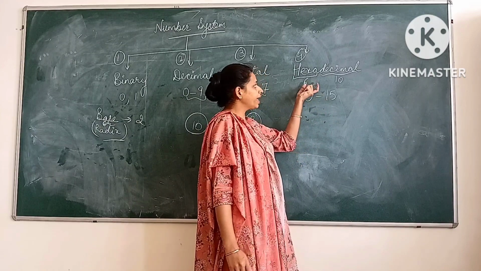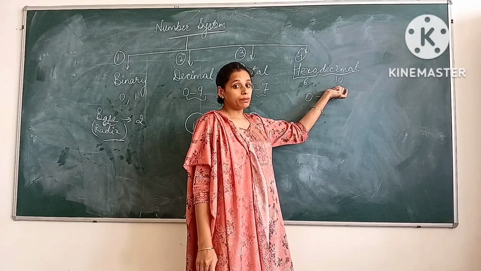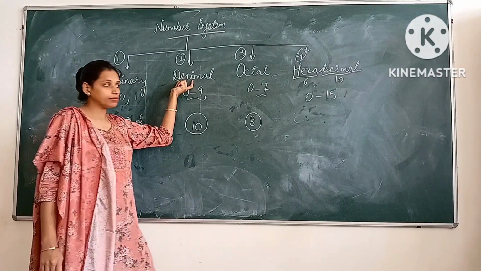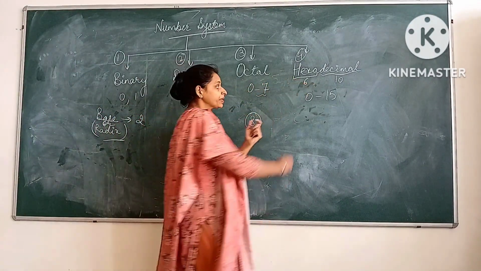As I have already told, hexa plus decimal means it is a combination of the decimal number system and hexa.